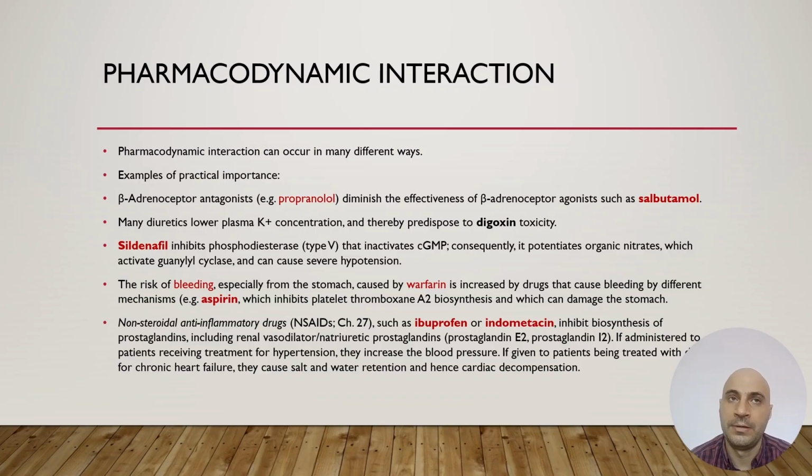And this cGMP-related enzyme is found in the arteries of the penis. However, there is another type that is in the arteries of the heart, I think type 1.